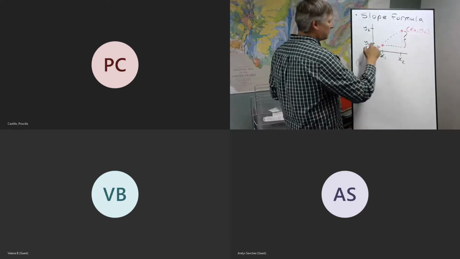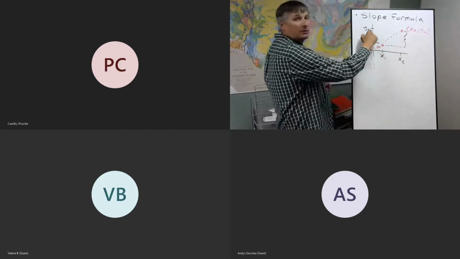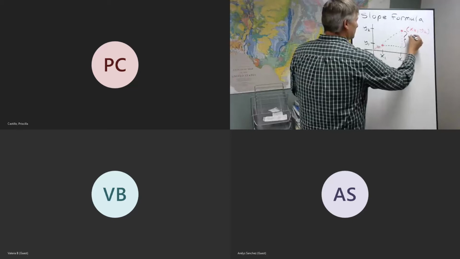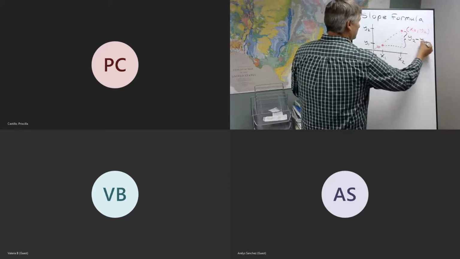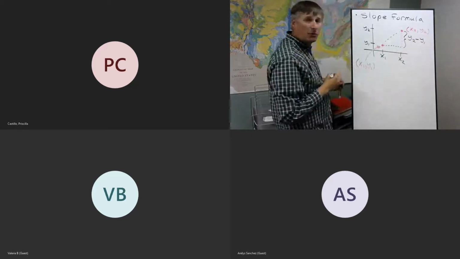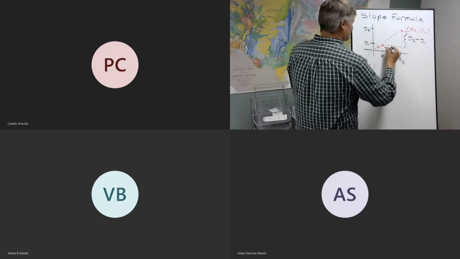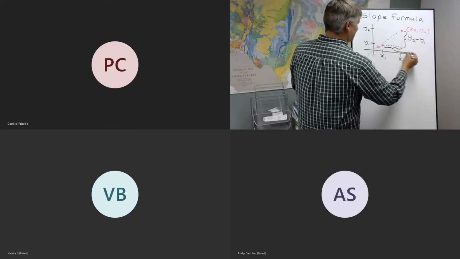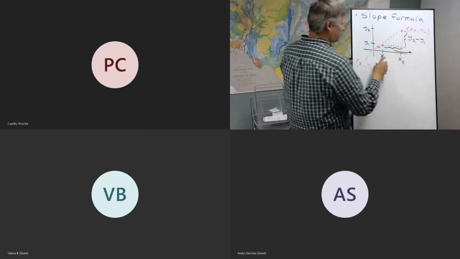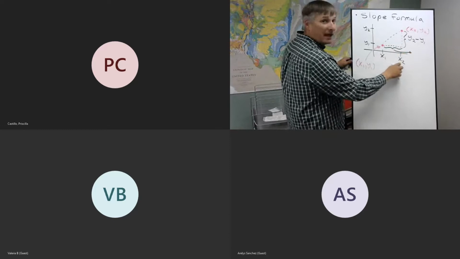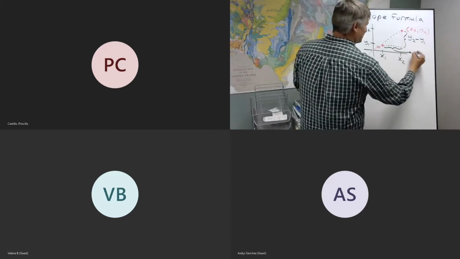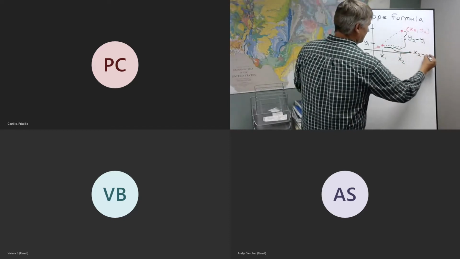Well, it's going to be going from y1 to y2. For the horizontal change, going from x1 to x2. So that distance will be this.